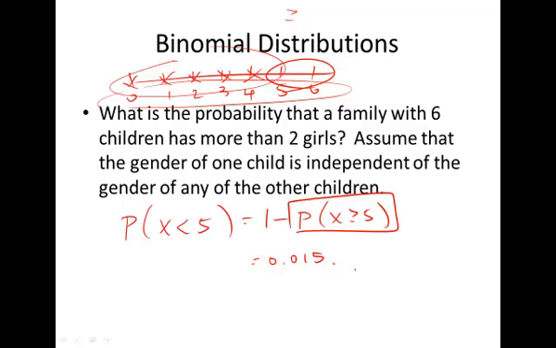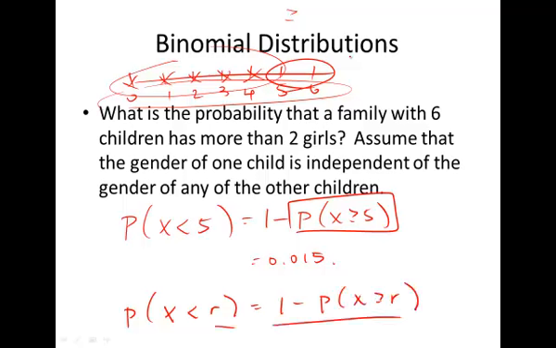Well, anyway, I would have to check that. But anyway, the point is, if I say the probability that X is less than R, that's 1 minus the probability that X is greater than or equal to R, okay? So that will help you narrow that down and not have to calculate so much.